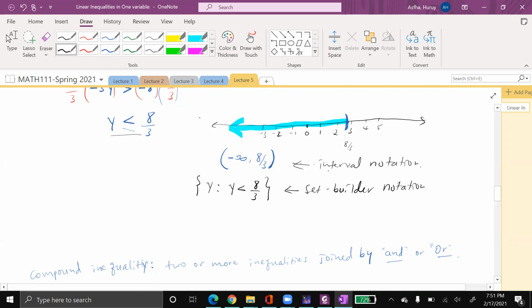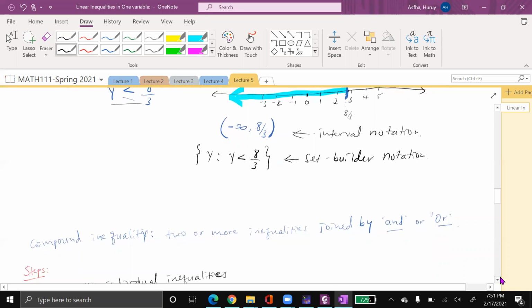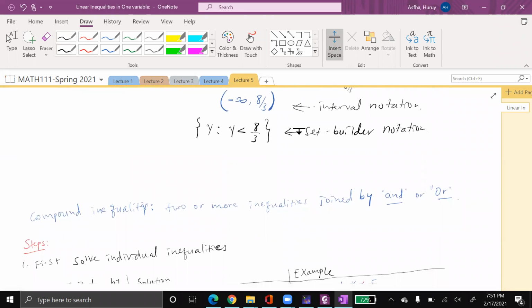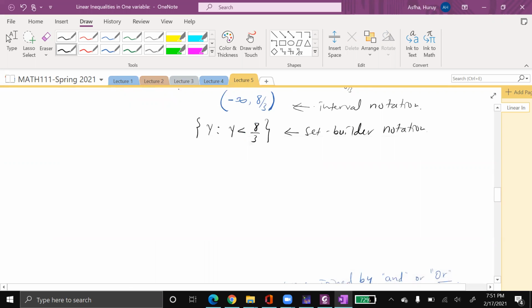Of course, it's good to show the number line for yourself, but the solution you have to write in one of these. If it is specified, then use the specified one. Therefore, the solution to this inequality is just one of these.